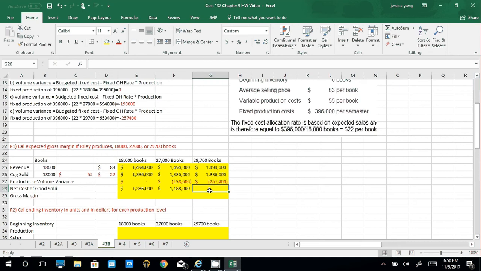And for the 29,700 books, my net cost of goods sold would be the cost of goods sold subtracted by the production volume variance of $257,400, and that gives me $1,128,600.